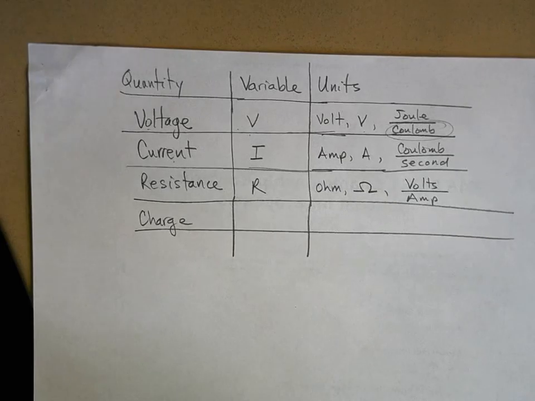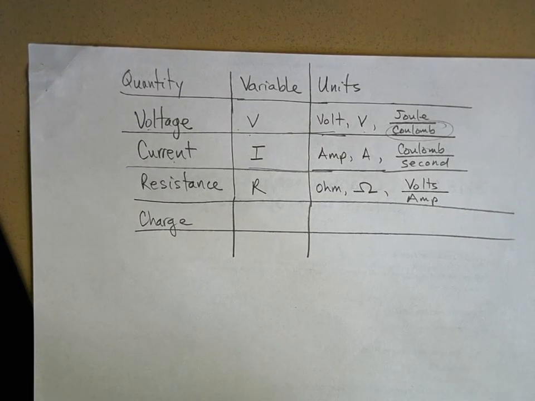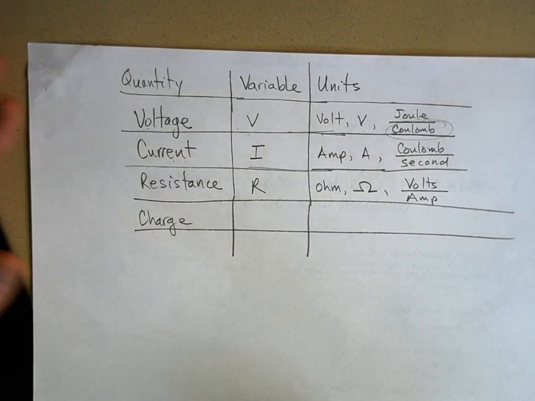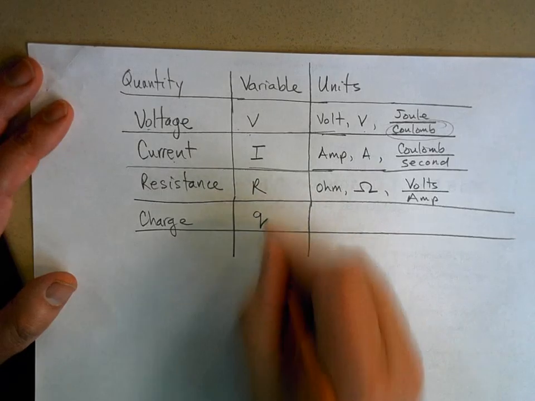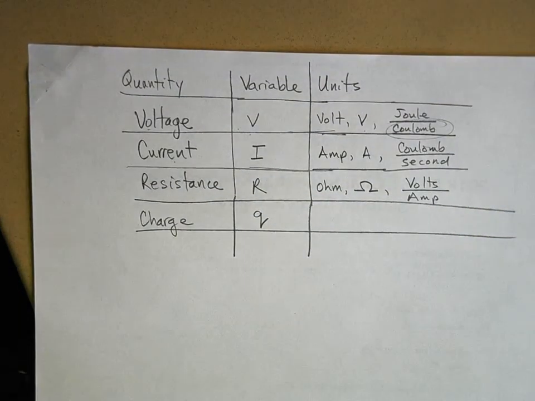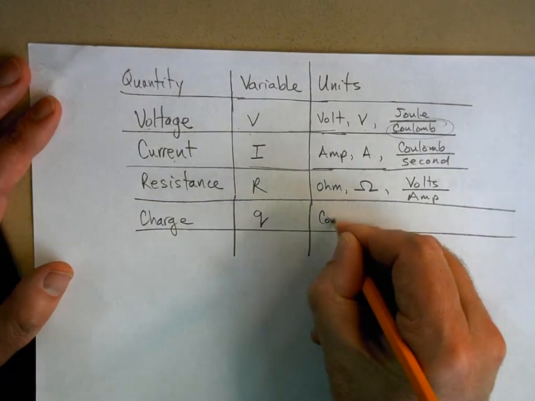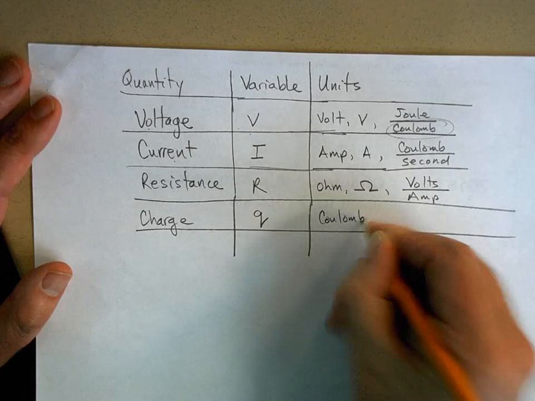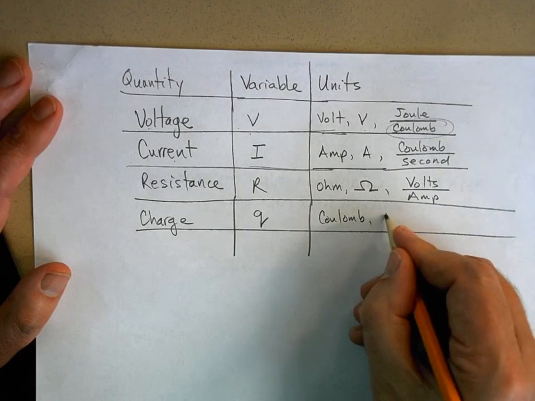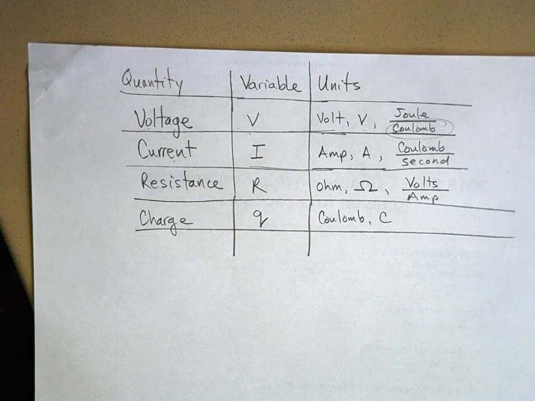I don't know why we use this letter, but we do. Q. Sometimes lowercase, sometimes uppercase Q stands for charge. A big basket of electrons that we call a coulomb. And we do abbreviate that with a C.